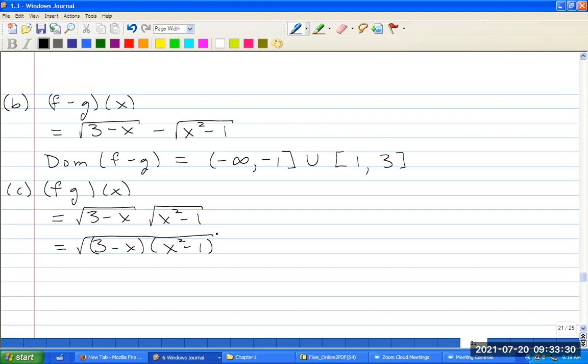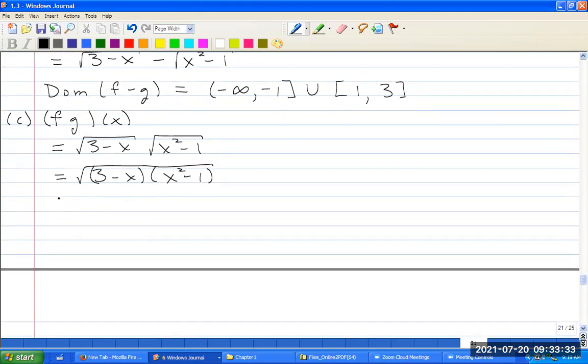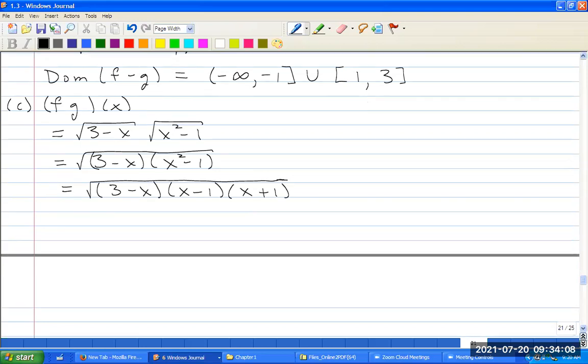And the domain is, well, actually, let me write this as the square root of 3 minus x times x minus 1 times x plus 1. And so let's find the domain of this function.